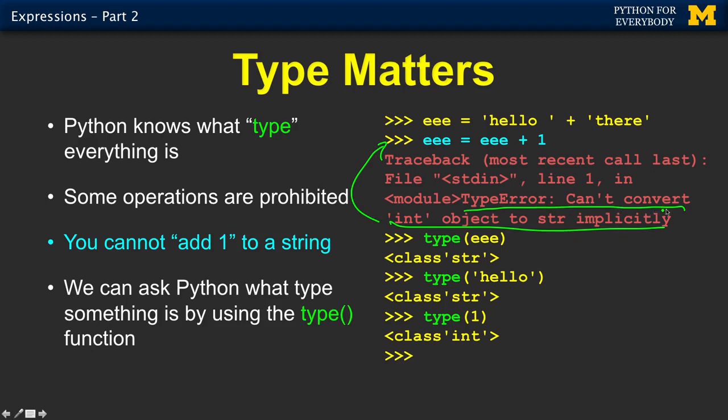It says, I can't convert integer objects to string implicitly. You've told it to combine a string and an integer, and Python is like, I am lost, but I'm giving you as much clue as I can about how I got lost, what got me lost, and where. Python is trying as hard as it can to clue you into what's going wrong.